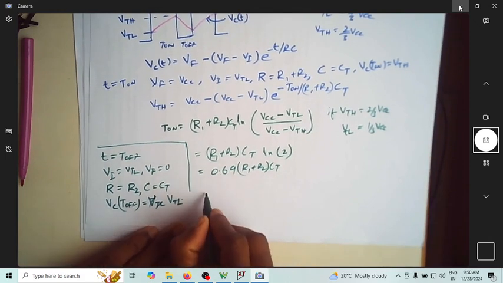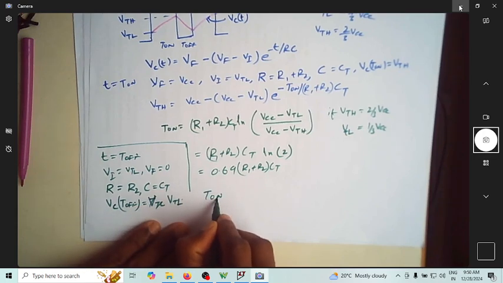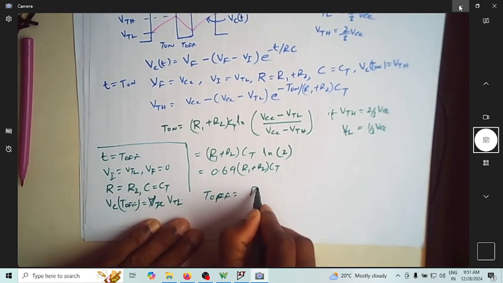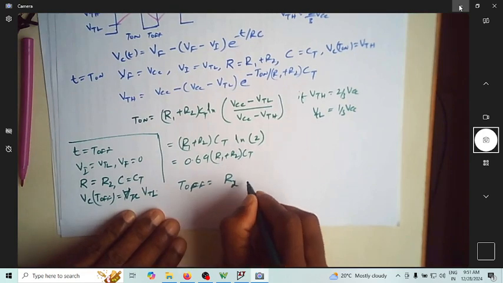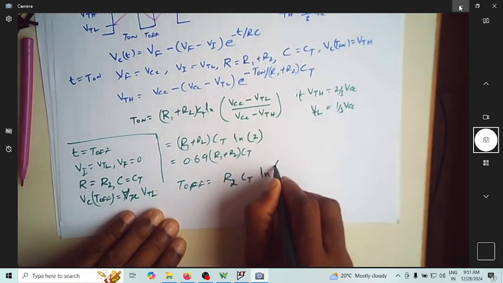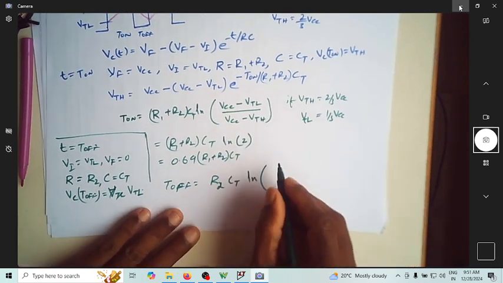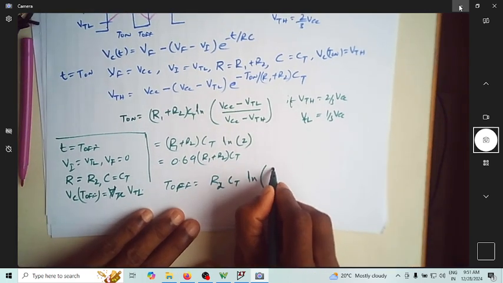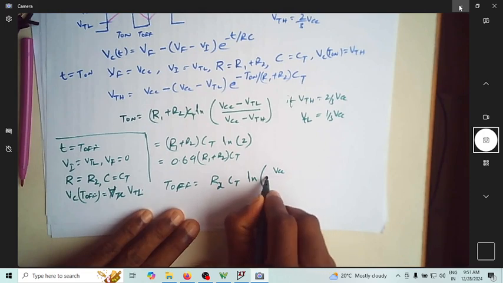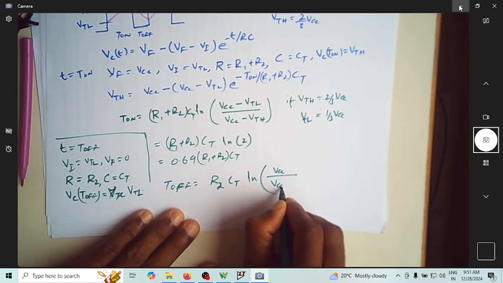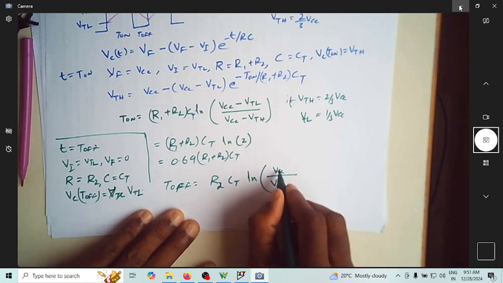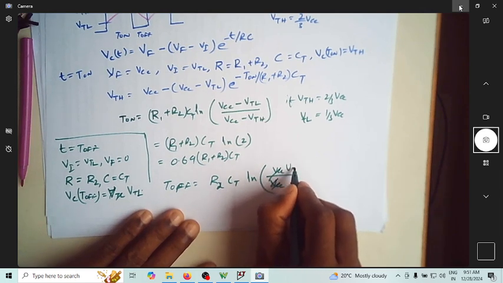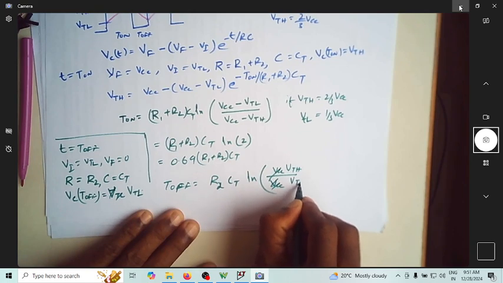Upon substituting all those things, you'll get the expression for T off as equal to R2 into CT into ln of, it will not be VCC divided by VCC, it will be VTH by VTL.